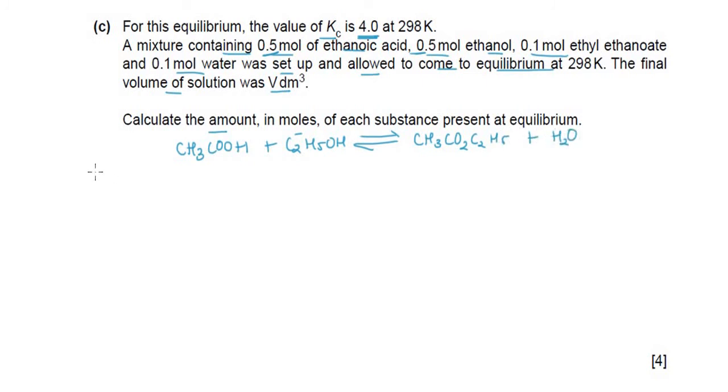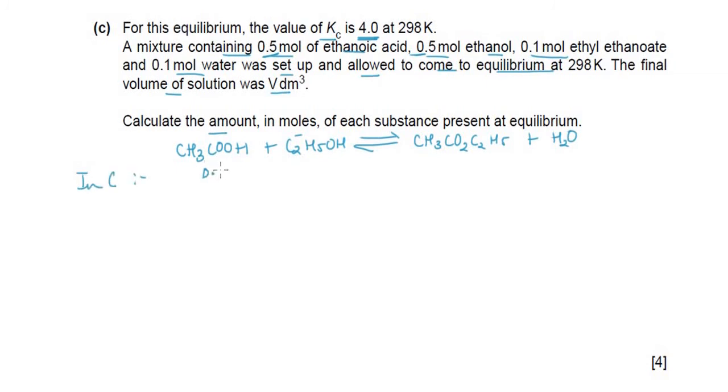The initial amounts of all these are 0.5 moles, then again 0.5 moles, 0.1 mole, and again 0.1 mole for water. Now we don't know the amounts of all these species at equilibrium, so let's say x moles of ethyl ethanoate and water is formed.